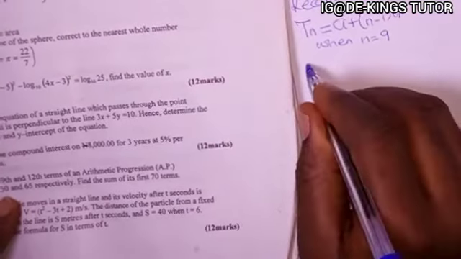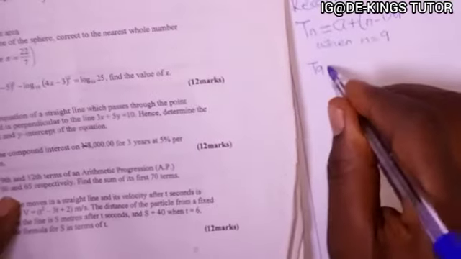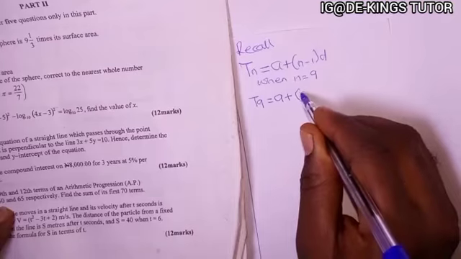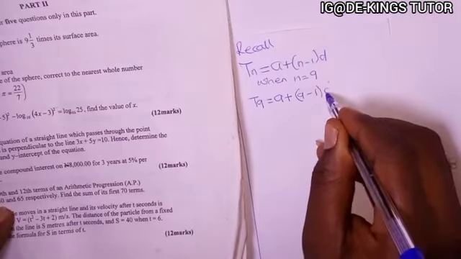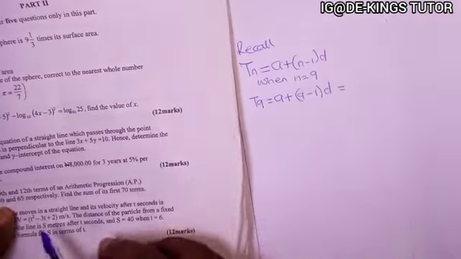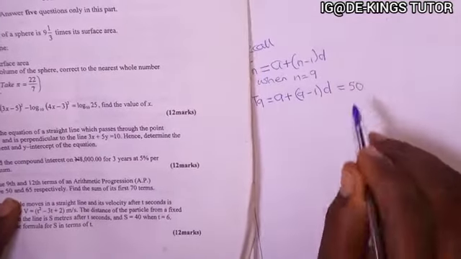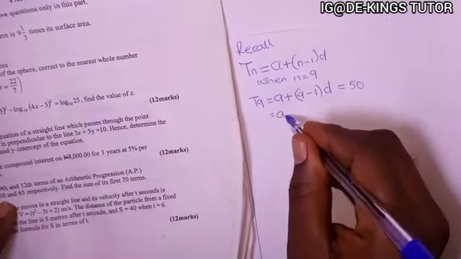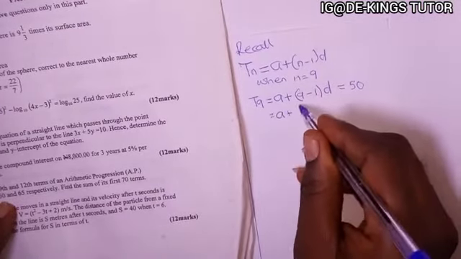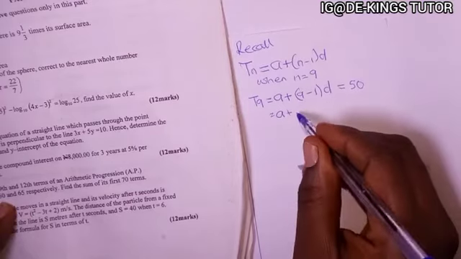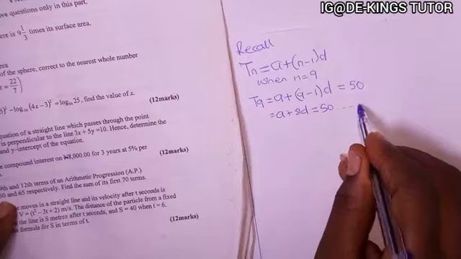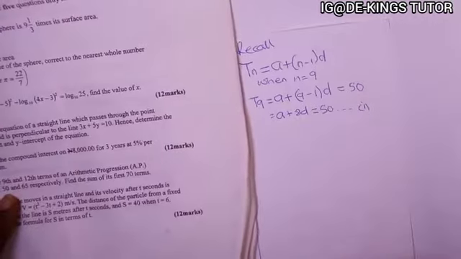So term 9 equals a, which is not given, plus n, our n is 9, minus 1, d is unknown, and this 9th term is 50. If we solve that, a plus n minus 1 is 8, 8 times d is 8d, equals 50. We can call this equation 1.